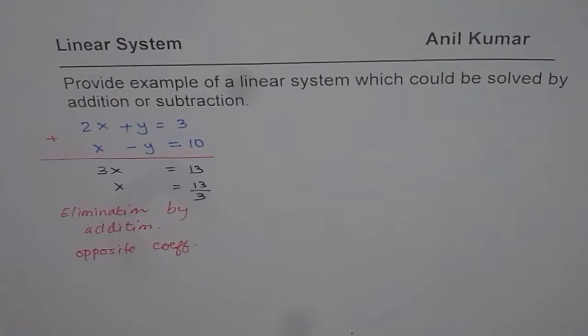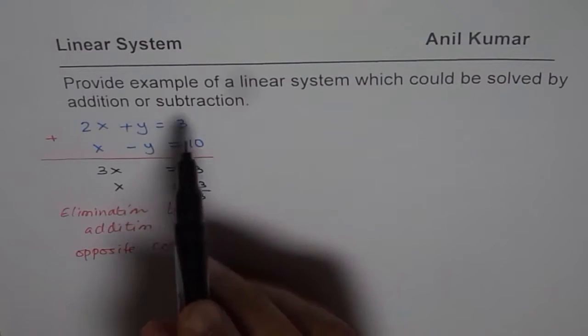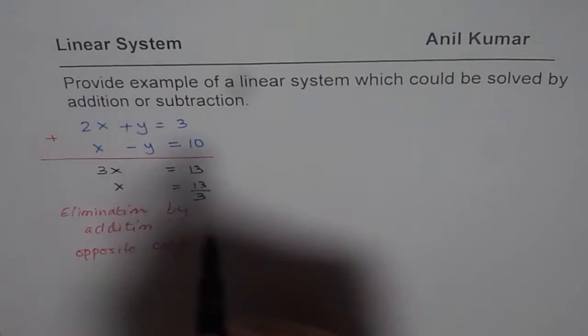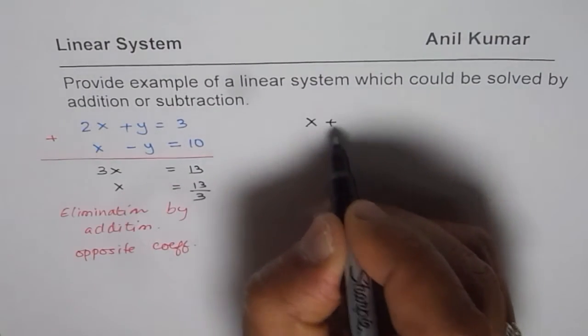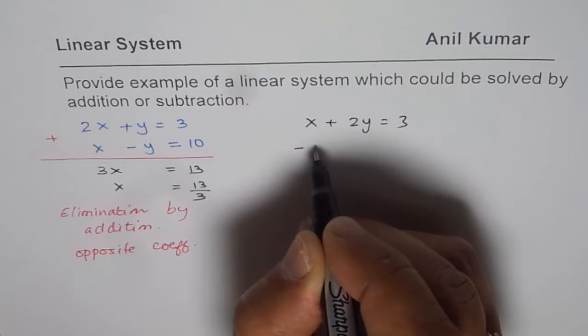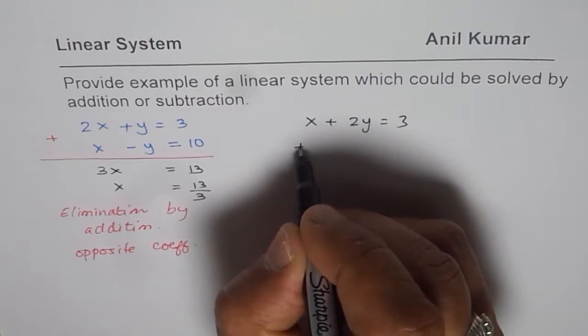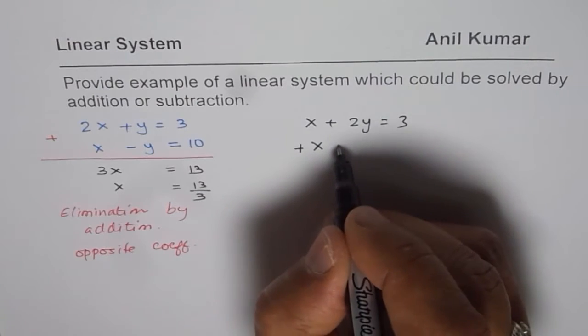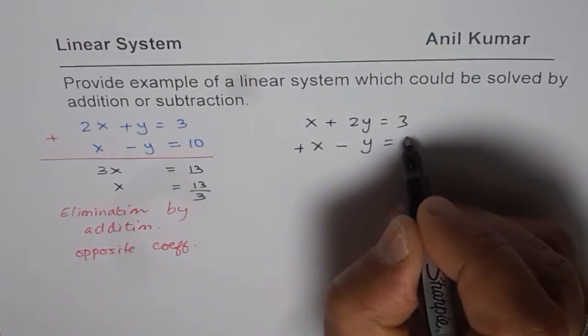Now let's take another example where we'll use the subtraction property. So we could have x plus 2y equals 3, and plus x minus y equals 1.